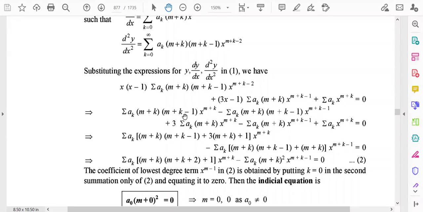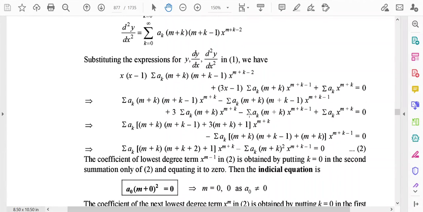So these are the simplification steps. After the simplification, we will obtain equation number 2, that is, sum of a factor into x to the power m plus k minus sum of a factor into x to the power m plus k minus 1 is equal to 0.